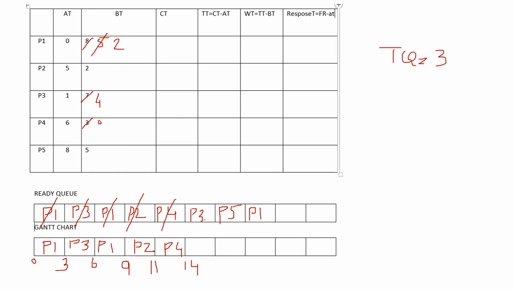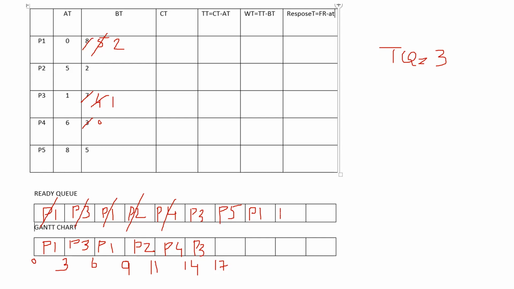Now next, what is P3? Write P3 here. How much is pending for P3? 4 is pending, right? So surely I can give 3 more. 14 plus 3 is 17, and P3. But P3 is still not completed. How much remaining is there? 1 is there, right?